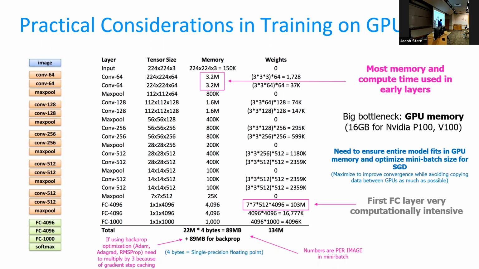And then this tensor size represents the size of the activations at that layer. So the total memory usage at each layer of the network will be the size of the activation vector, which is this tensor size, plus the size of the weights used to compute those activations.